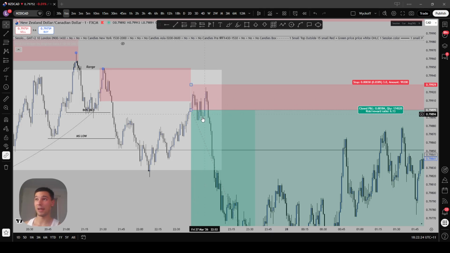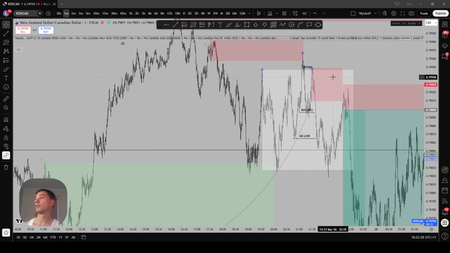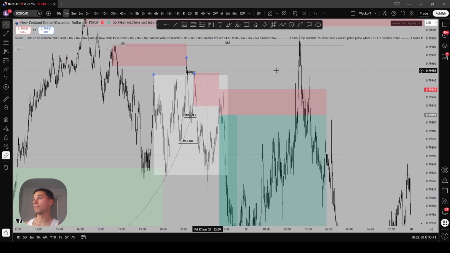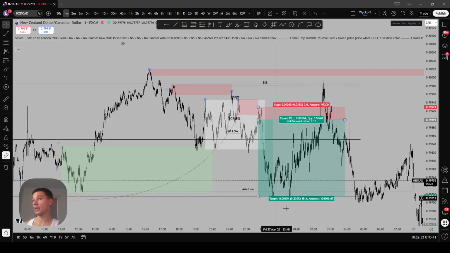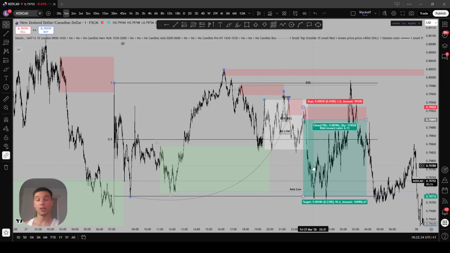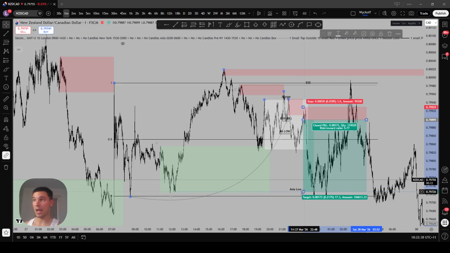I pretty much entered as soon as we broke structure here, and then this allowed a really nice flush down, and I actually took TP at these Asia lows, just because also with spreads, sometimes certain positions might not get filled correctly.